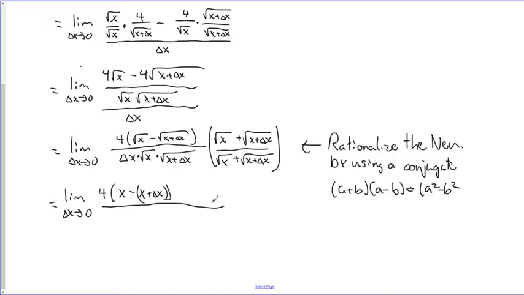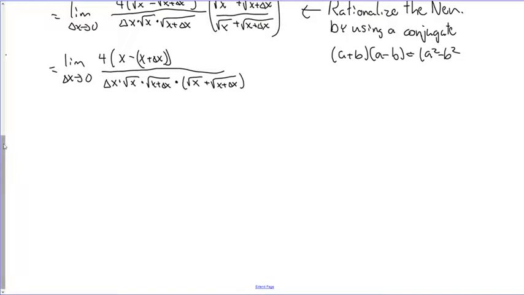And then the bottom will still have my delta x. I still have my square root of x, and then I have my times square root of x plus delta x. But now I have multiplied by this whole expression, which is square root of x plus square root of x plus delta x. I told you this one was a tough one, and it is certainly that.